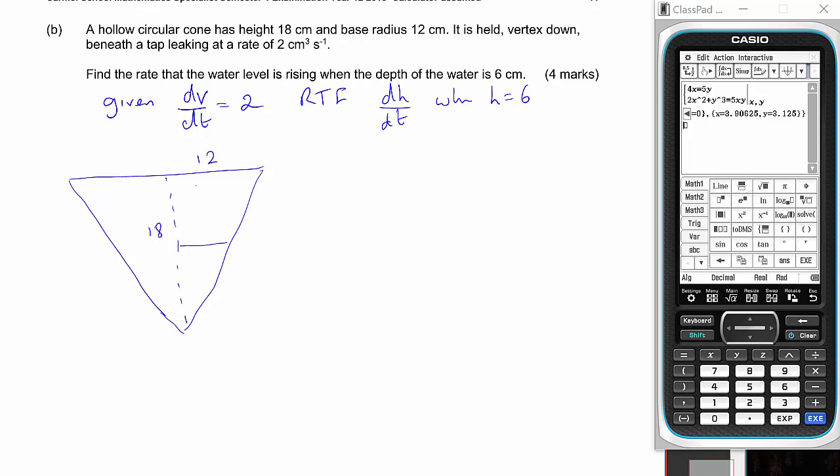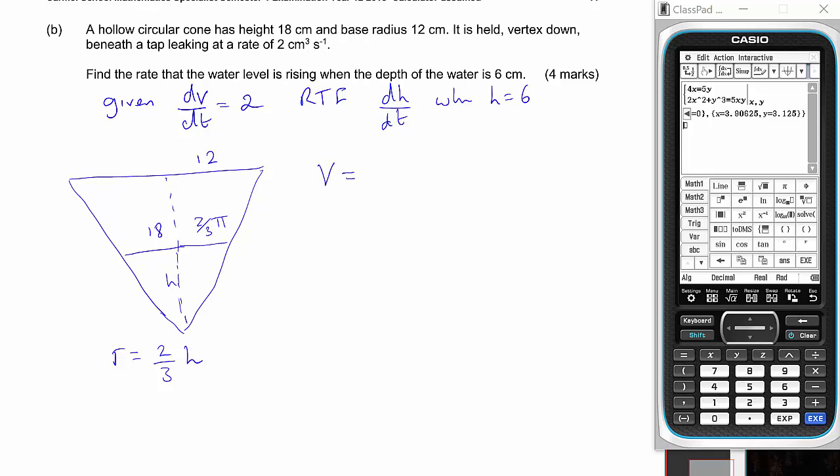Gives you a relationship that r is equal to 2/3 of h. Okay, so we're looking at some time when this is h and this is r, so that would actually be 2/3 of h.